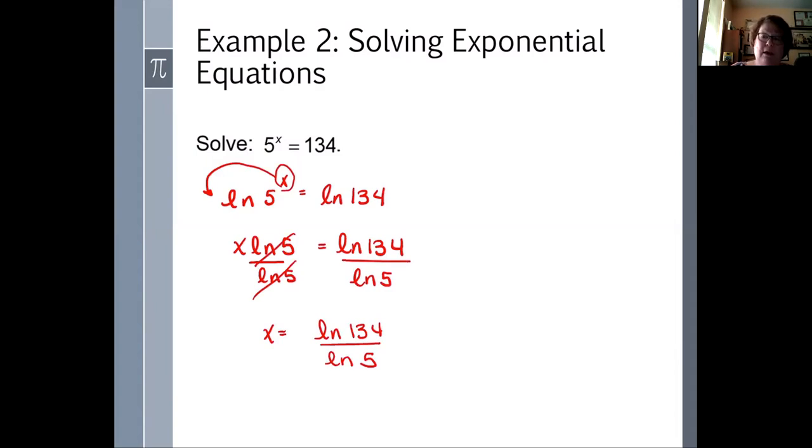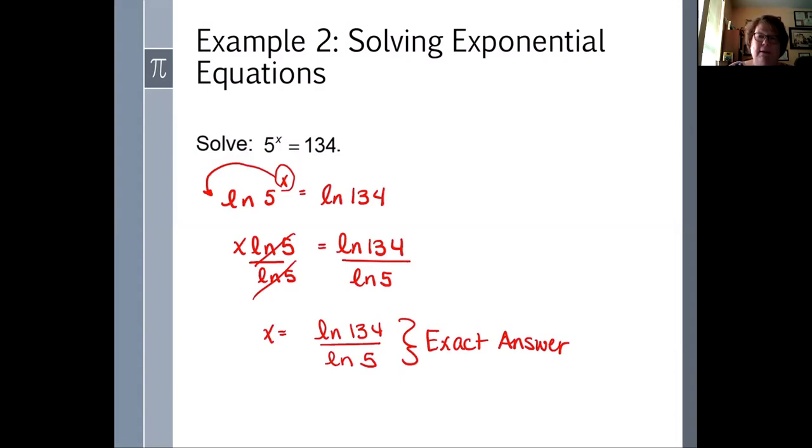Leaving it written in this form of the natural log of 134 divided by the natural log of 5 is what we call exact. This is the exact answer, because we haven't found a decimal approximation to either of these logarithms.